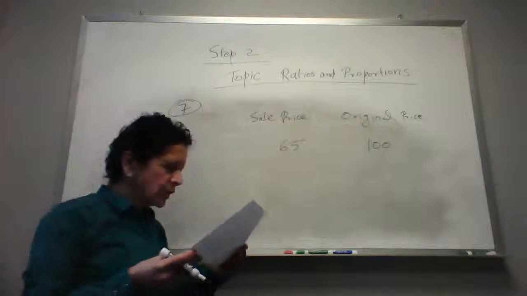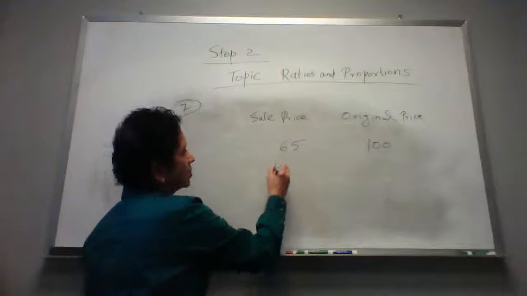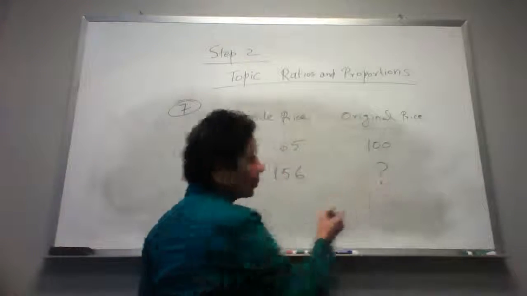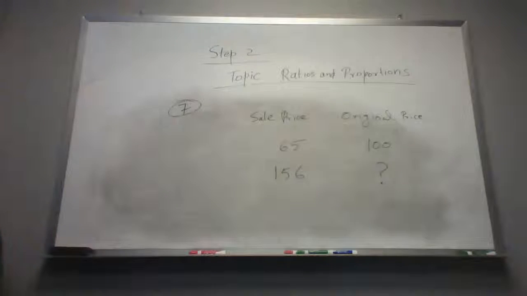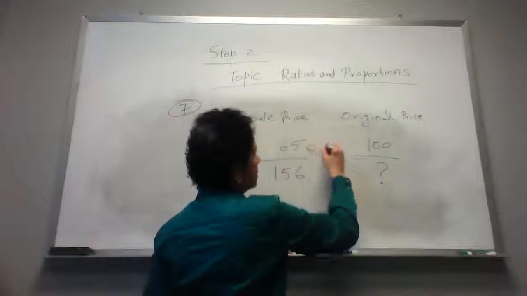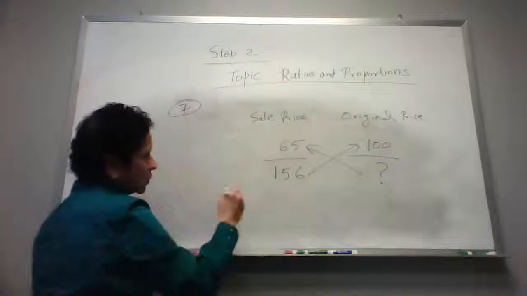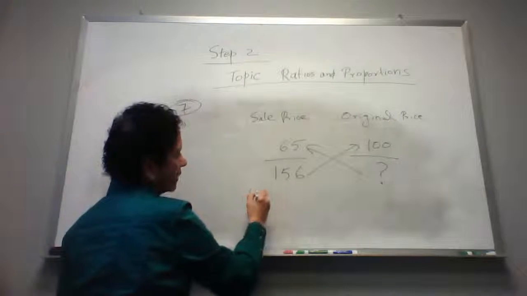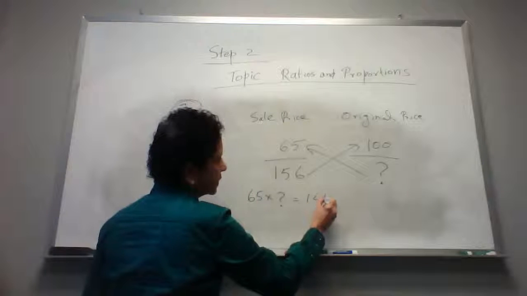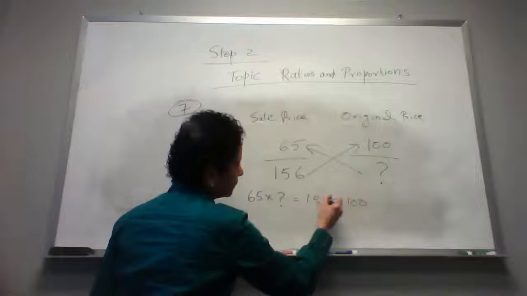So now the sale price is $156, and they're asking what is the original price, okay? So then you just set up the ratio and then you just cross multiply, right? So 65 times the question mark equals 156 times 100.